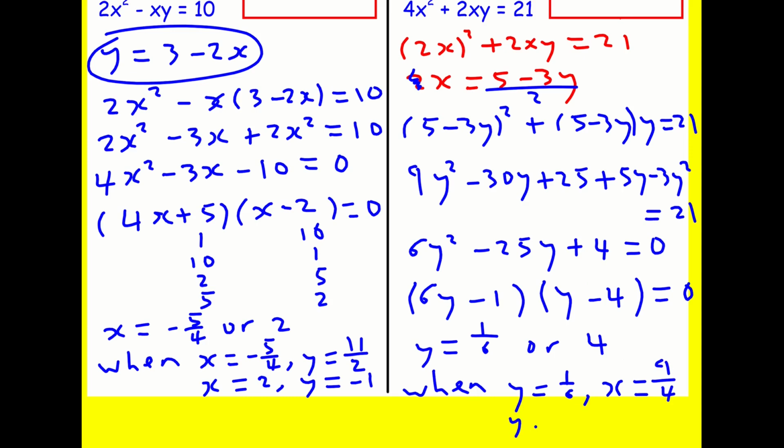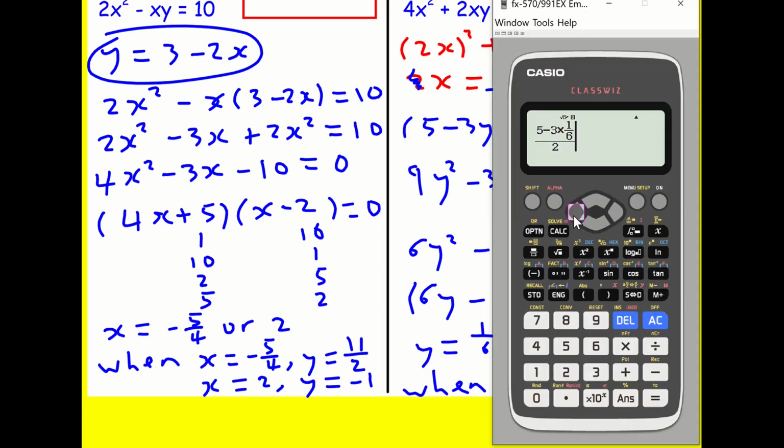And when y is equal to 4, we're going to do 5 minus 12, which is minus 7 over 2. I think we're going to get minus 3.5 or minus 7 over 2. I'm just going to check that. Okay, brilliant.